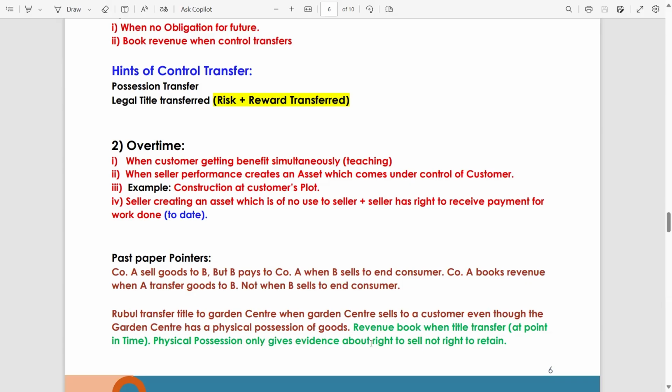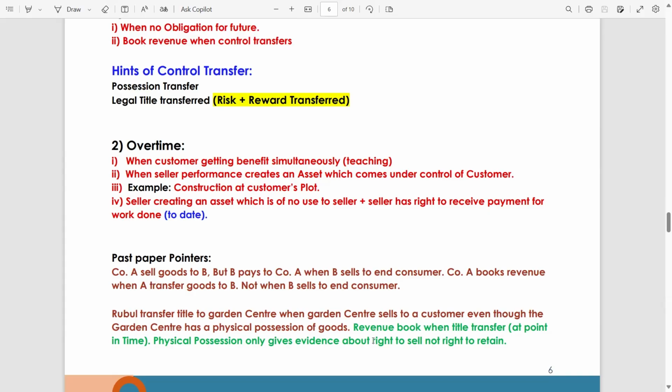The right to sell is kind of a contract, or you can say an agency relationship. Let me give you an example. I am hiring a person and I will pay that person 100K monthly. I tell them, this is my asset, and if you can sell it in the market, I will pay you.